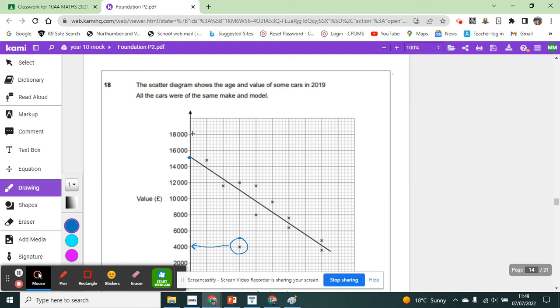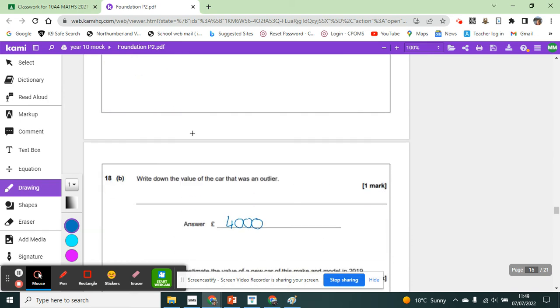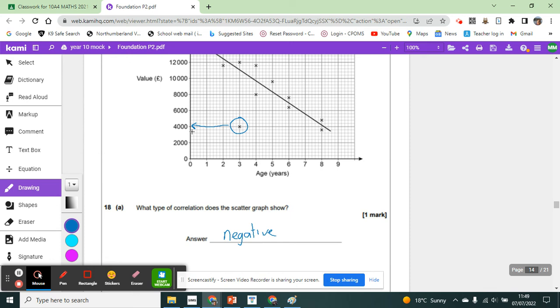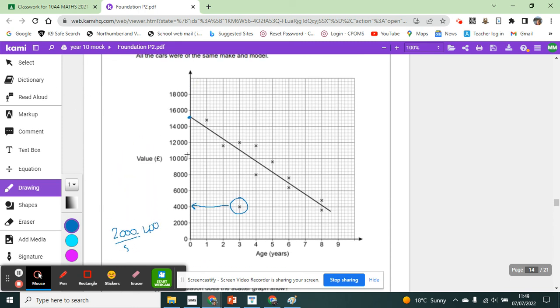Now what have we got? I think it's actually slightly more. So what have we got? 2,000. 1, 2, 3, 4, 5. 2,000 divided by 5 is 400. So each square is 400.